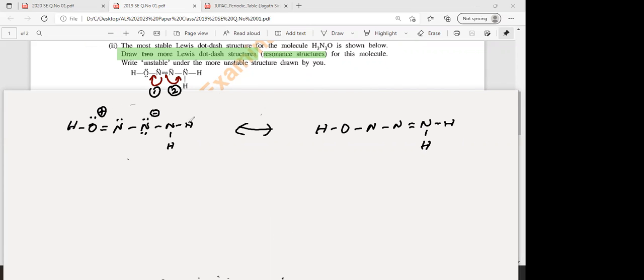So this is unstable, no? This is unstable. And so this side you get minus.